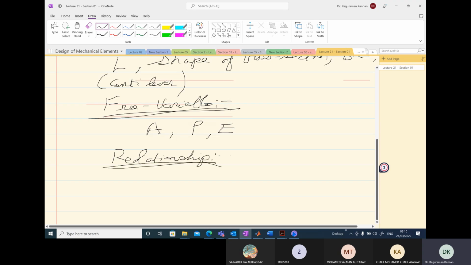What is the relationship? Since we want a stiff beam, this means, so let's write here, E is free. Okay, so that should be okay. What is the relationship we want? We want the deflection Y for the beam.